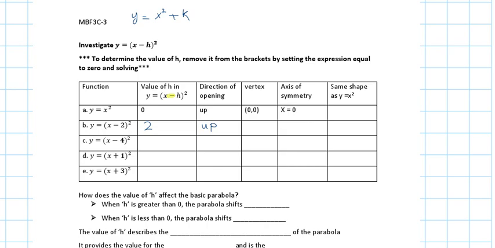What's my vertex for this one? (2, 0). What was my axis of symmetry? x equals 2. And then we say it's a horizontal translation, 2 units to the right.